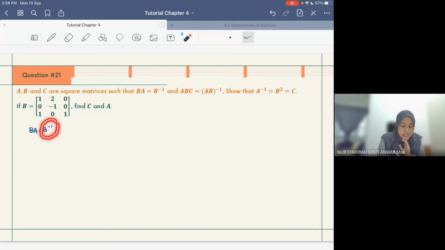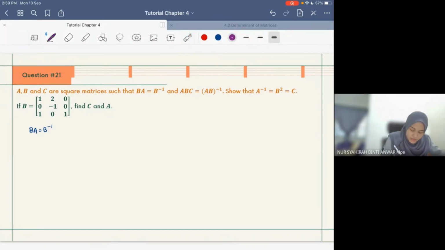So B inverse ni kita nak hilangkan dahulu. So cara nak hilangkan dia adalah kita darabkan dengan B. So bila darabkan dengan B, memandangkan dekat belah kiri ni B berada di bahagian hadapan, so kita akan darabkan B dekat depan lah. That means here will be B times by B times by A equals to B times by B inverse.